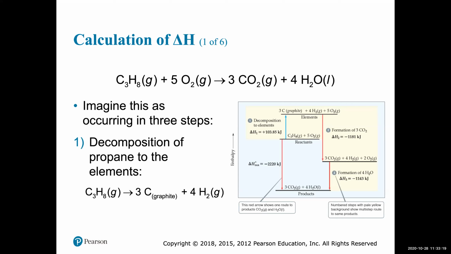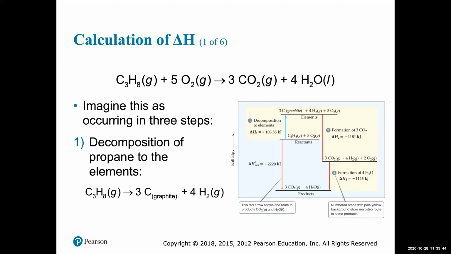First of all, we remember that this is a combustion reaction because we have oxygen as one of the reactants, and we're forming CO2 and water. That's our definition of a combustion reaction. Rather than having to figure out what this delta H is, we can use some known delta H values and piece those together to get what it is for this overall reaction.